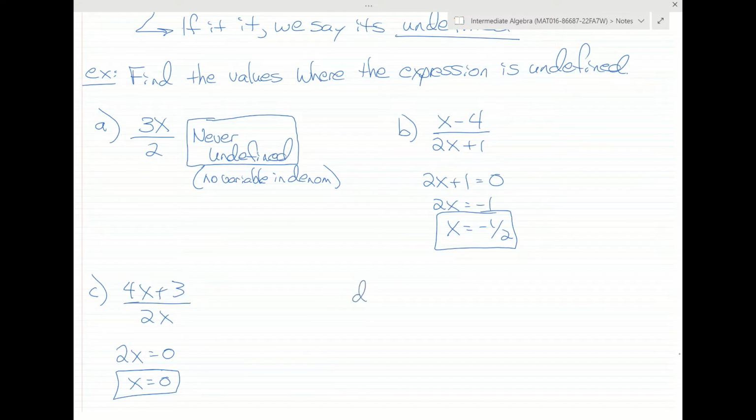And then what if we had something where it's (2x squared + 4) over (x squared - 2x - 8)?